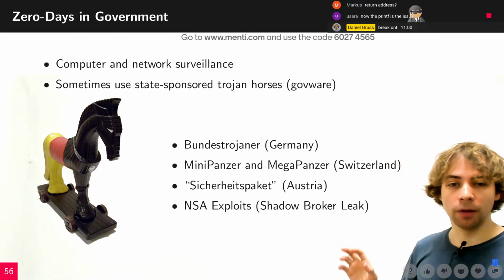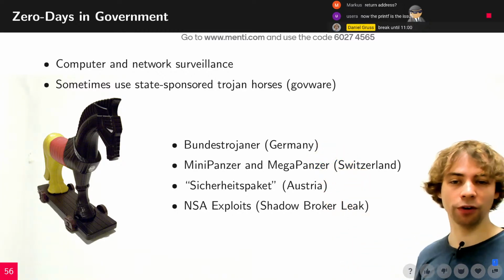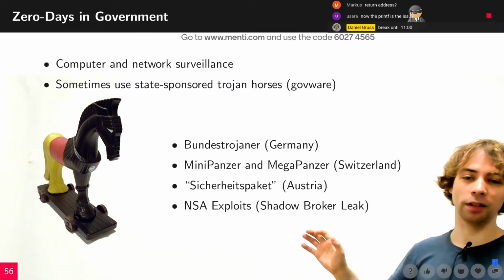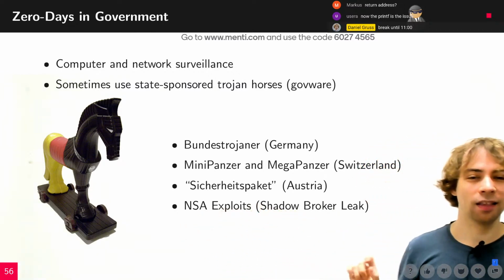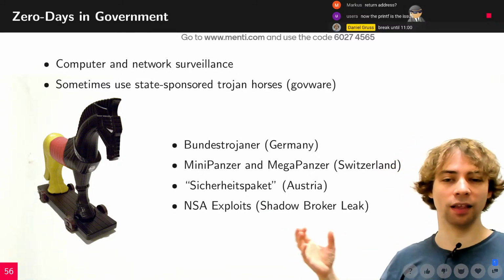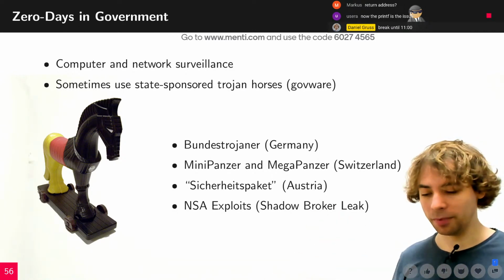And for the smaller countries, maybe even for Germany, but less so maybe about the NSA. So the NSA had several exploits in there that no one knew before, and they existed in this Shadow Broker Leak. They were in there for several years.